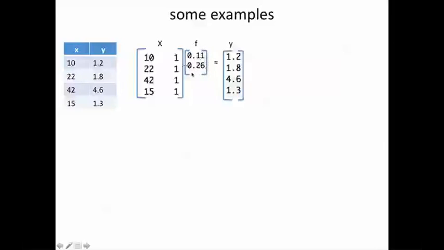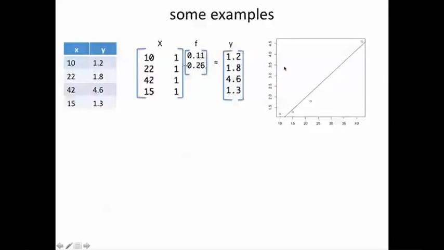And when you plot f transpose x, which is simply the line 0.11x minus 0.26 on a graph, and you have the xy coordinates being plotted as well, x comma y, you see that the line actually almost fits the data. This is all that there is in linear regression.